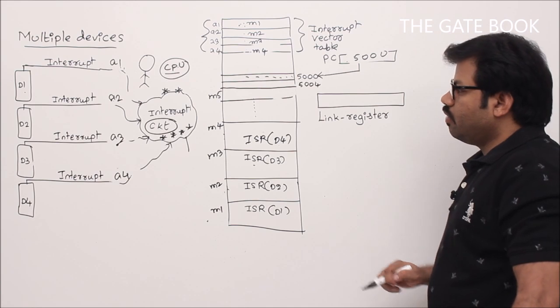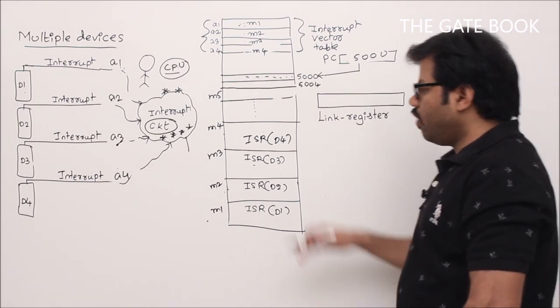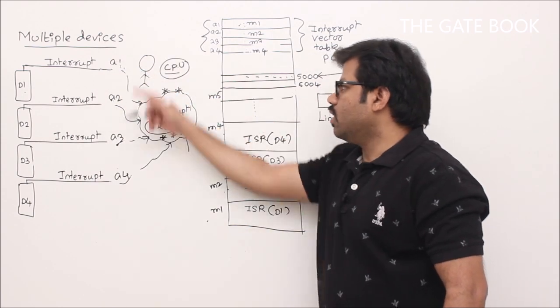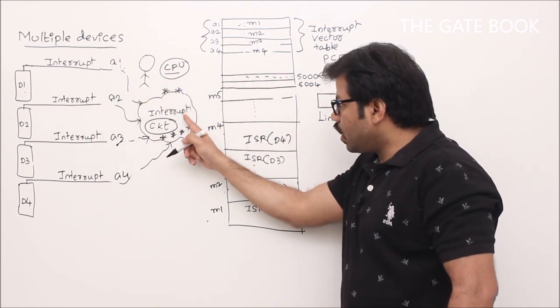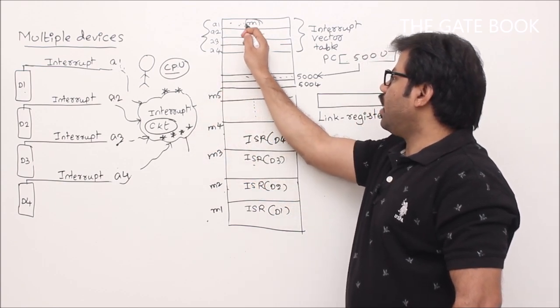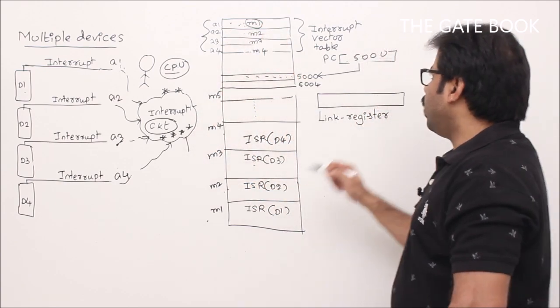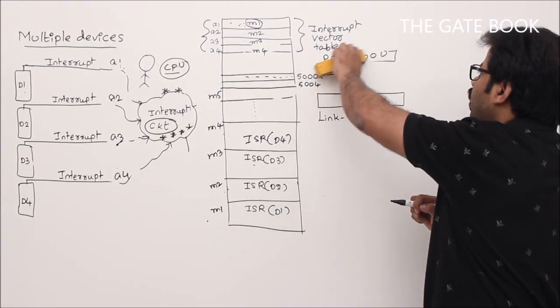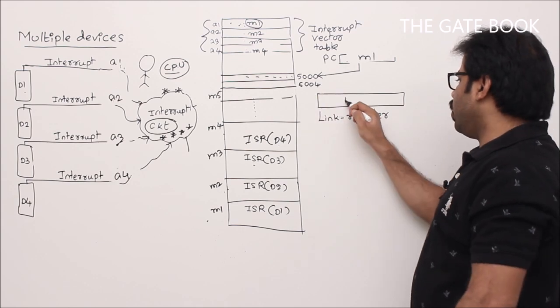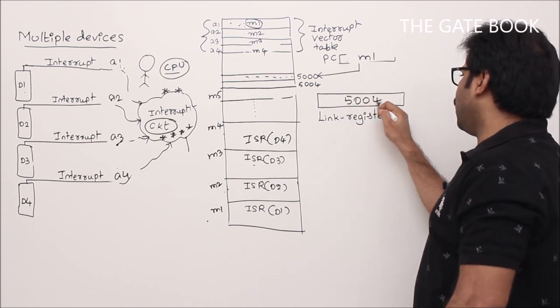Then we will have the link register. Whenever an interrupt comes, which is through A1, that means device 1, this circuit will directly index into this table, and this memory address M1 will be fetched, then blindly M1 will be written into the program counter. Now the 5004 will be stored in the link register, right?